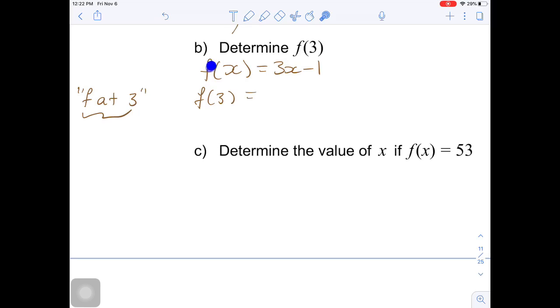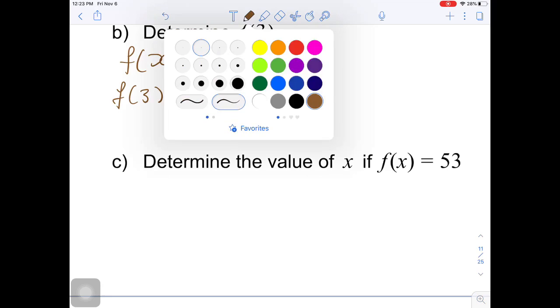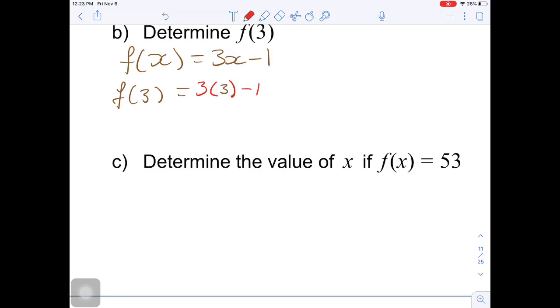So we're trying to figure out what is f when x equals 3. Remember that's a whole sentence right there. Now simply take your x value, wherever you see it in your equation, and replace it with 3. So I'm going to do 3 times 3 minus 1.